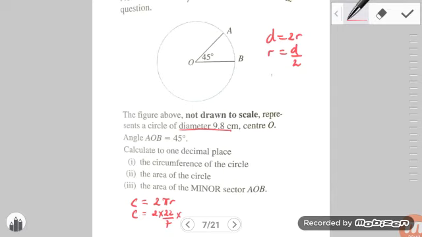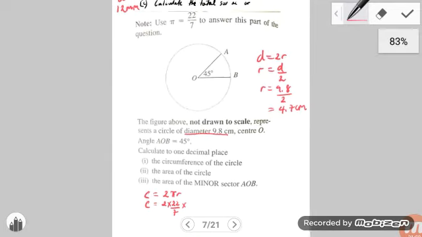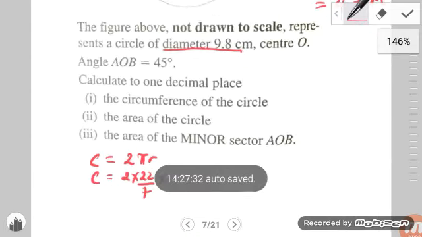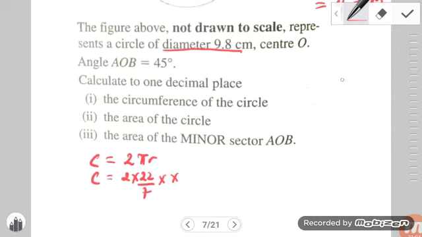So that means R must be equal to 9.8 divided by 2, which is equal to 4.9 centimeter. So that's 2 times 22 over 7 times 4.9.